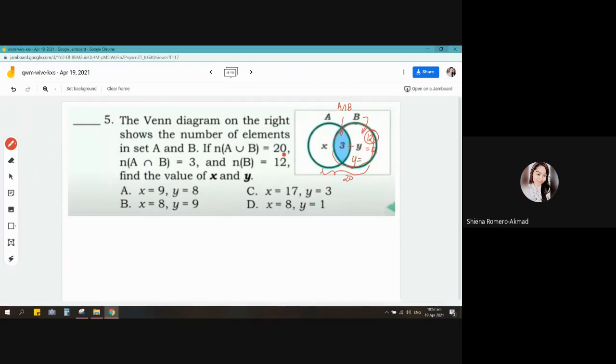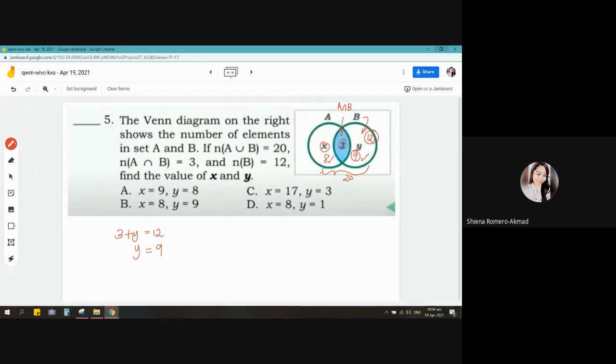Ano kaya yung Y natin? Nine. So, we can say that our Y is 9. Correct. Now, if this is 9, ito ay 3, ano kaya yung value ng X? Or ilang elements ba meron yung A? 8. So, X is 8 and Y is 9.